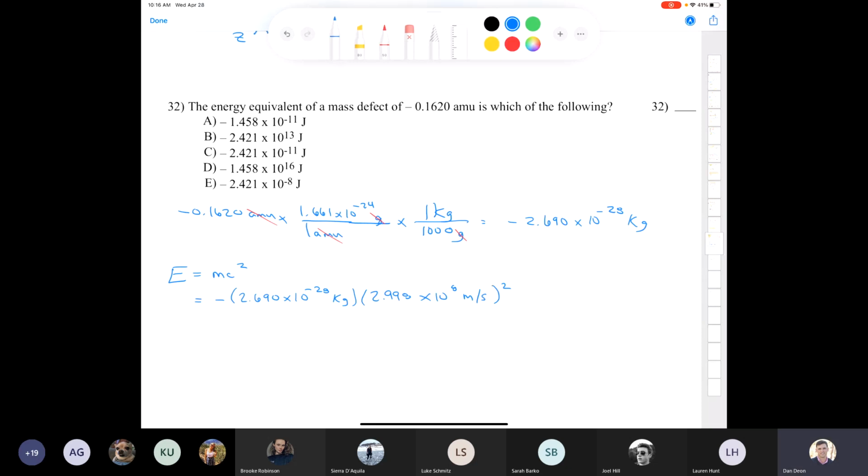All of that squared gives you negative 2.421 times 10 to the negative 11 kilograms times meters squared per second squared. And we know that a kilogram times meter squared per second squared is the same thing as a joule. And so our answer is negative 2.421 times 10 to the negative 11 joules, which is C.